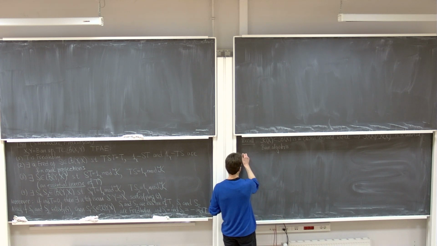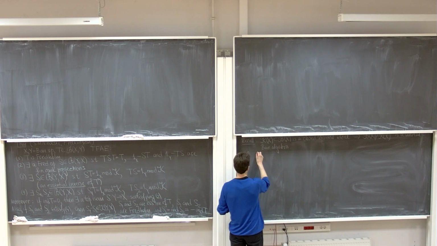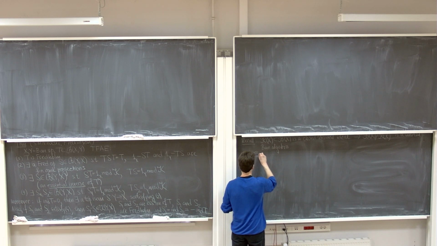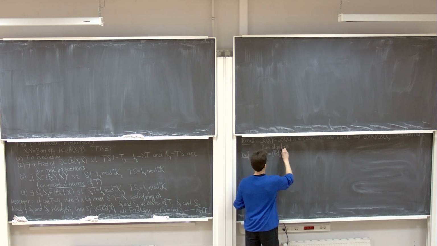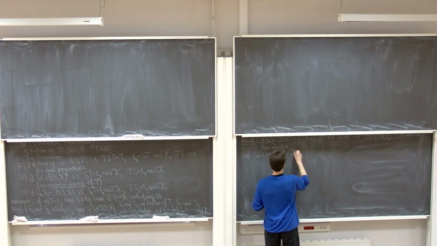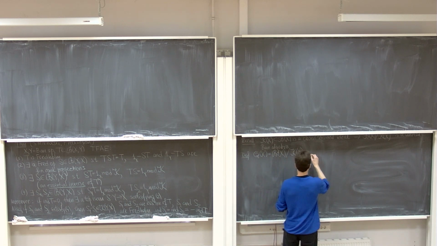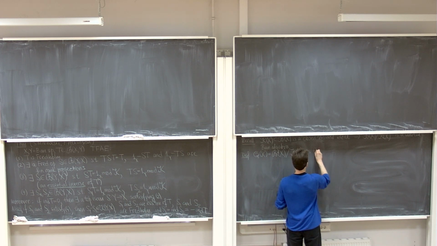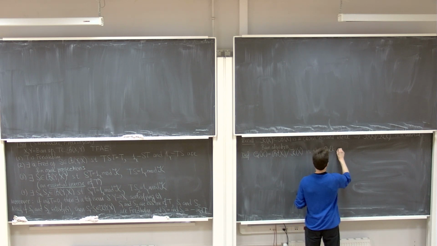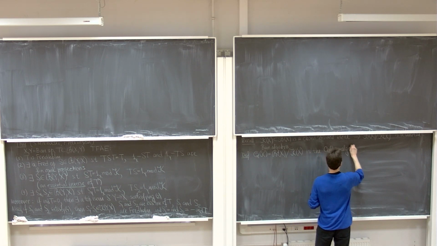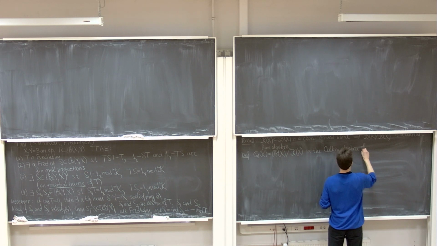And there is a special name for this algebra. This algebra is denoted by script Q(X), and it is called the Calkin algebra of the space X.